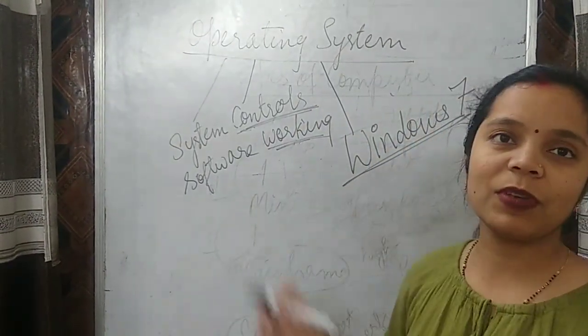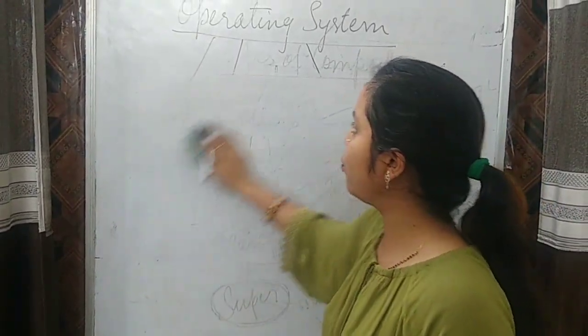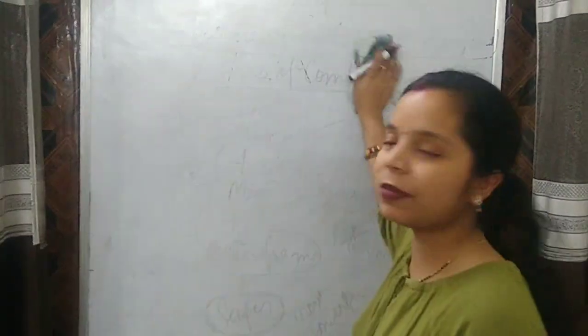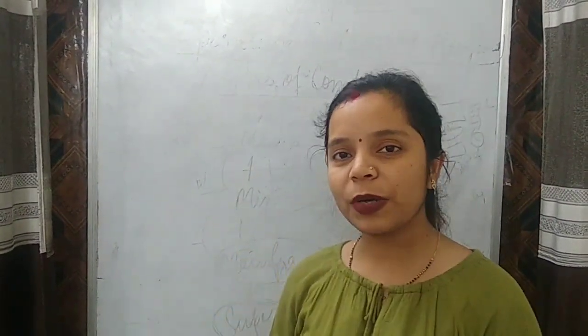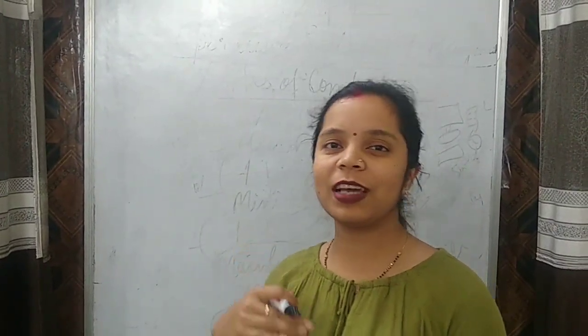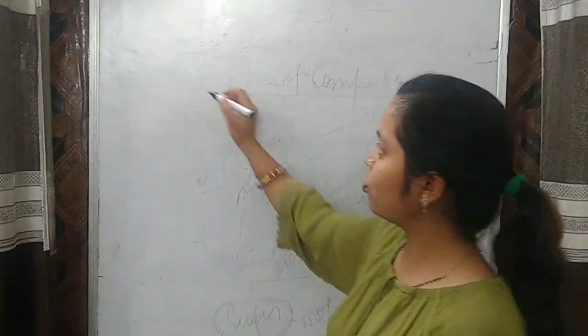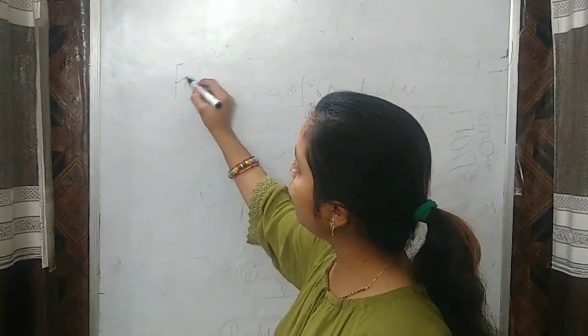So in this chapter we will study about Windows 7. So today we will study about operating system, and which operating system we will study? We will study about Windows 7. So what is an operating system? You have understood that operating system is a part of computer that controls the working of the computer, and it is a system software. So today we will study about Windows.